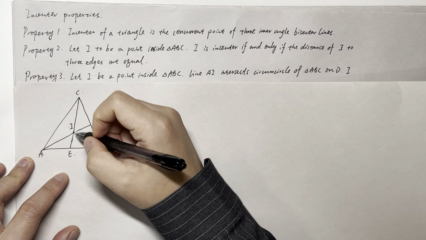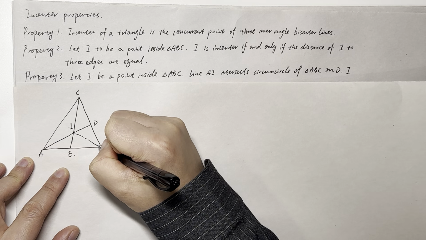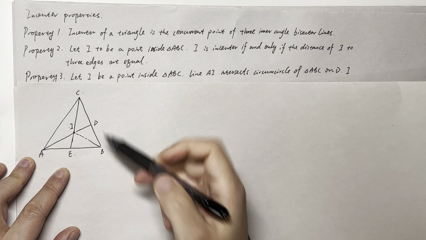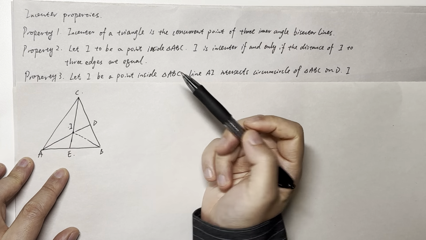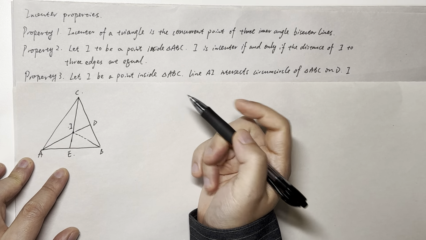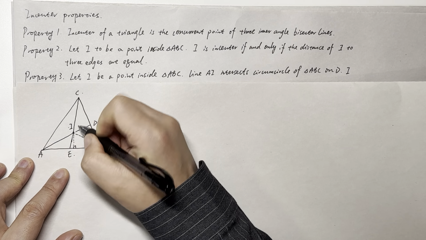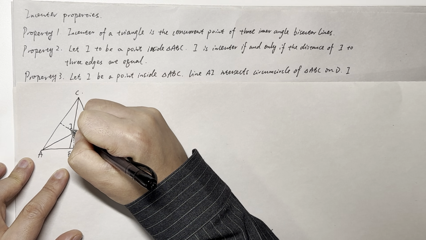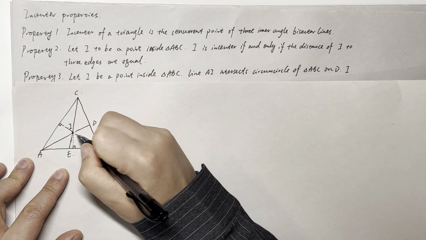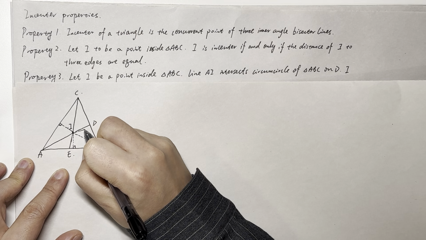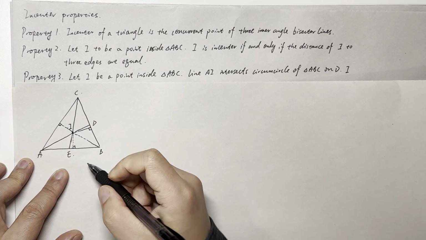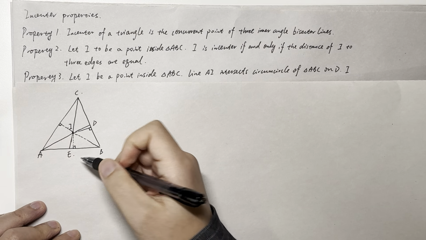We just need to prove that BI is also the angle bisector of angle ABC. So we can draw the projection points.